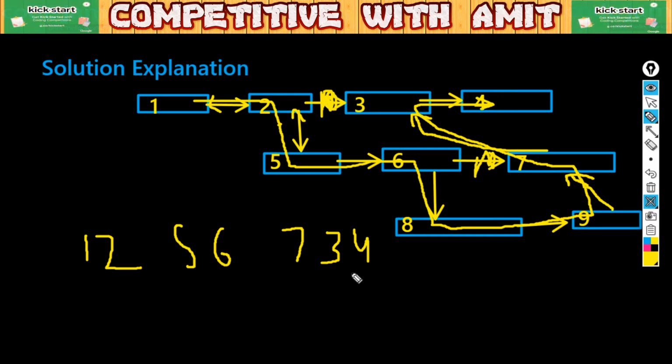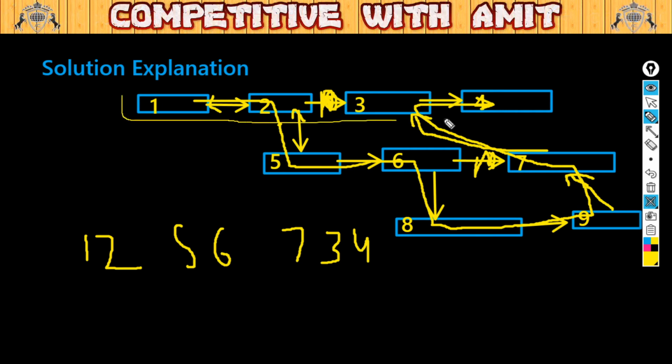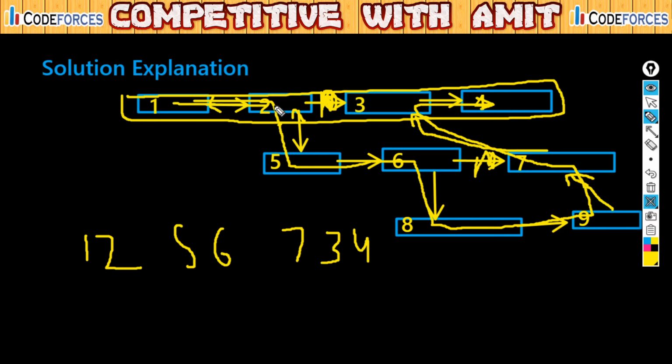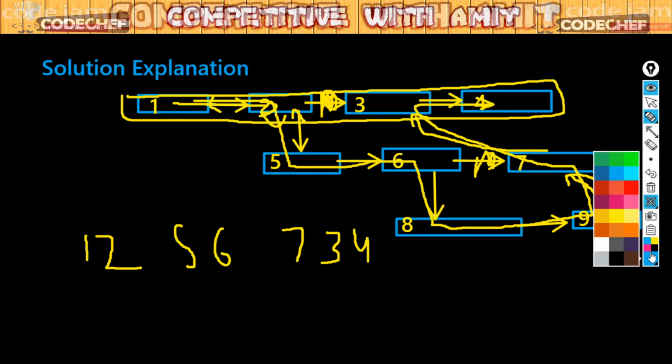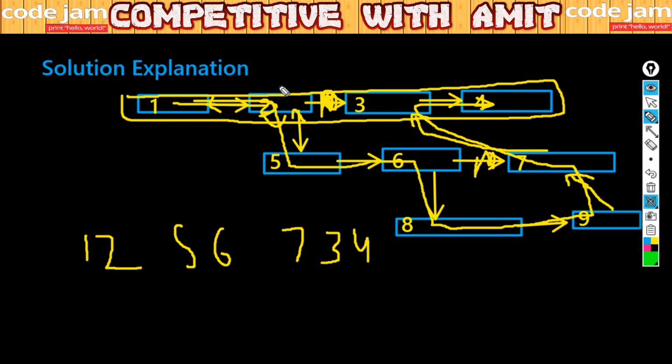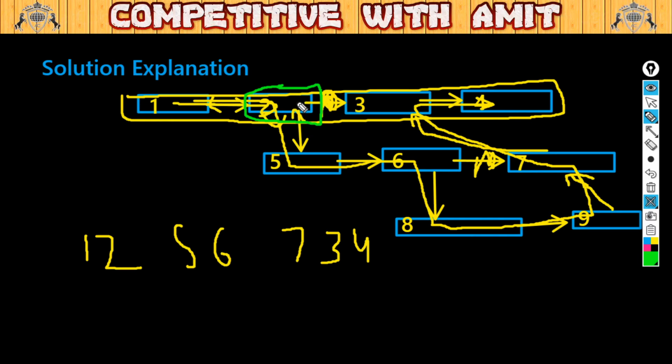If this is our example, we will initially get this. Now we will traverse each and every node. Suppose we are on this node. We will check whether it has any child or not.